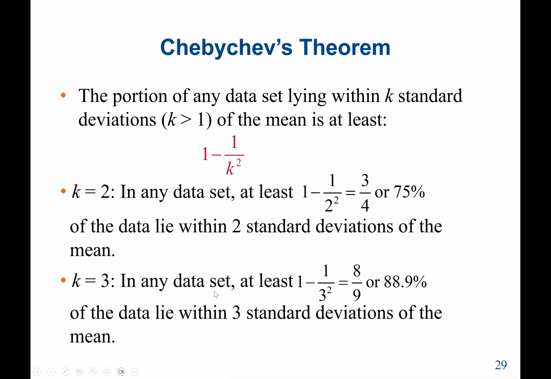So in any data set, at least 88.9% of the data will lie within 3 standard deviations. But we saw that with the normal distribution, within 3 standard deviations, we came up with 99.7%.